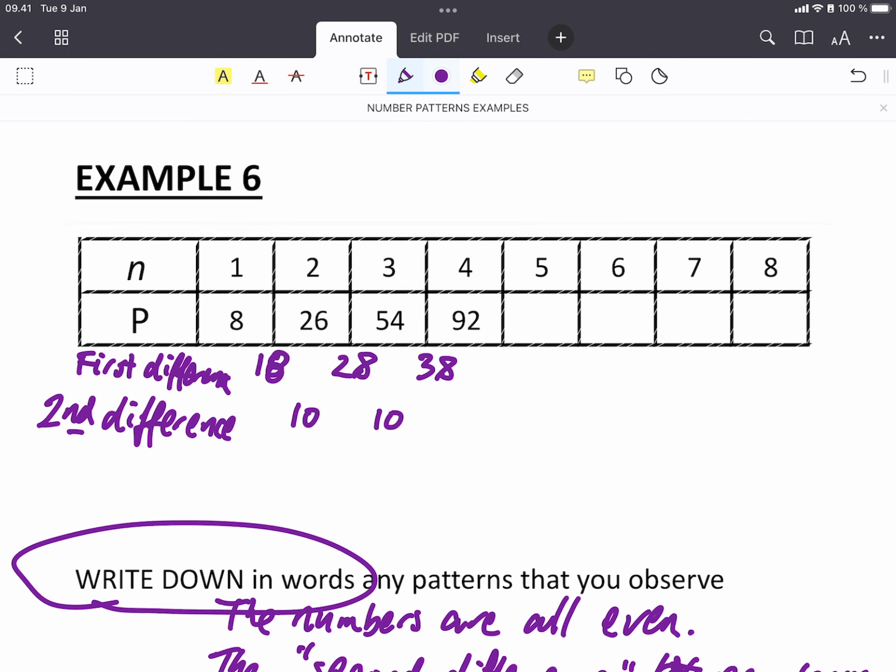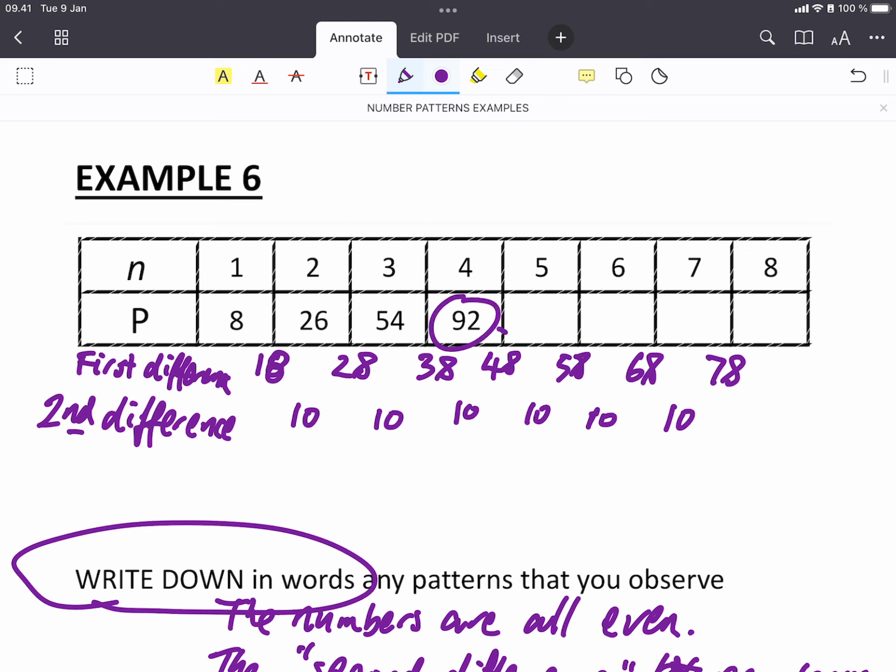Okay, predict the next 4 terms in the sequence. So without even having figured out the rule, I'm spotting that the differences are going up by 10 every time. So the differences should be going 48, 58, 68, 78, so that the differences between them are 10 every time. And knowing that, I can predict the subsequent terms in the sequence.